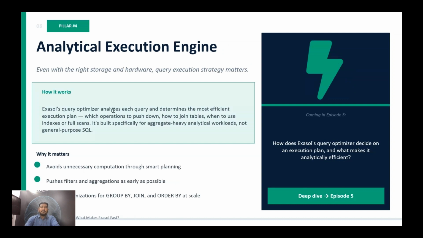And moving on to pillar four, the analytical execution engine. This is described as self-tuning, but the documentation names four specific mechanisms, not a vague claim. First, the cost-based optimizer: statistics are gathered automatically after every DML, with no manual analysis.